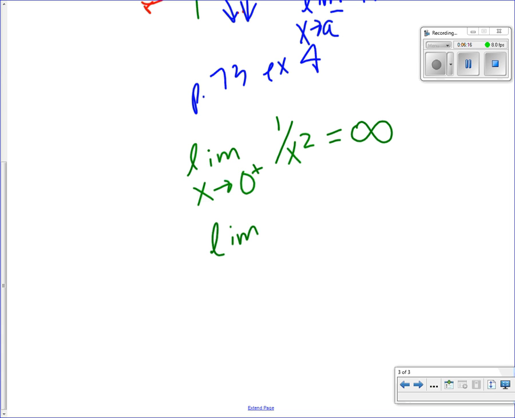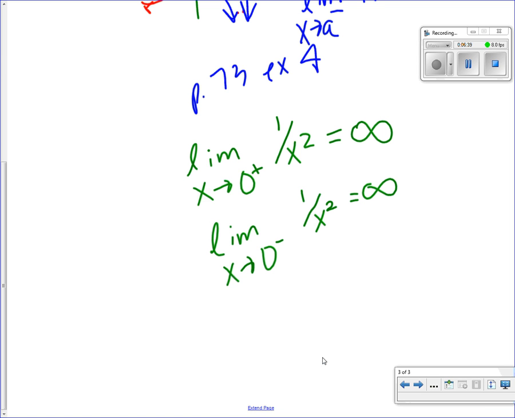The limit as x approaches 0 from the left of 1 over x squared is also infinity. We could do this without a calculator. We know there's an asymptote there because when x is 0, 1 divided by 0 squared is 1 over 0, which is not defined. So there has to be an asymptote there.